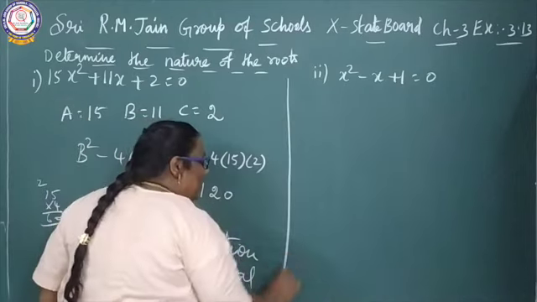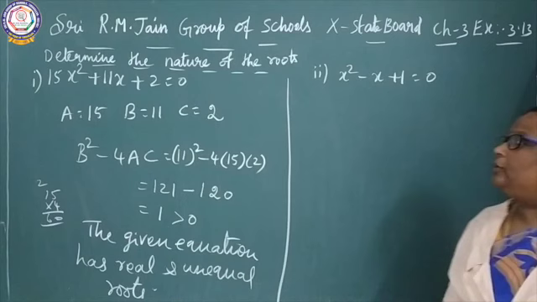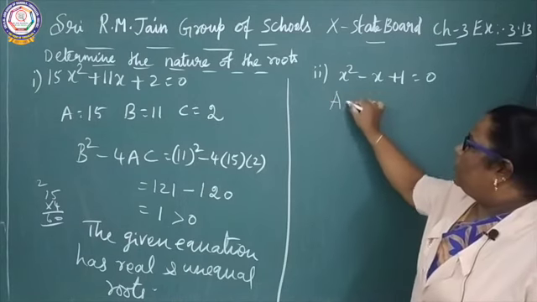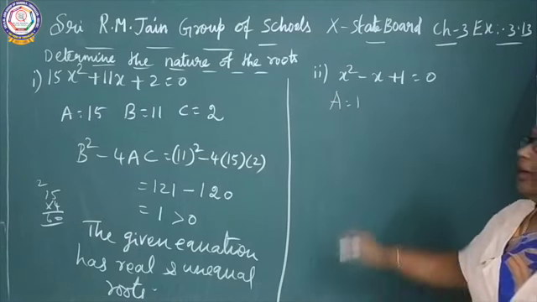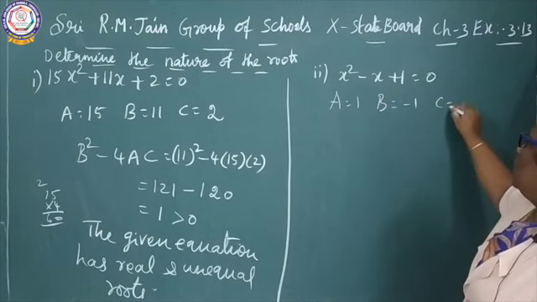See the next one. x square minus x plus 1 equal to 0. What is the value of a? a equal to 1, b equal to minus 1, c equal to 1.